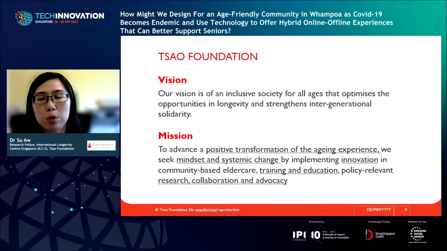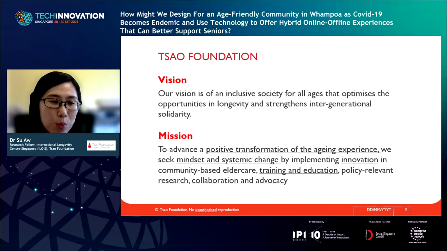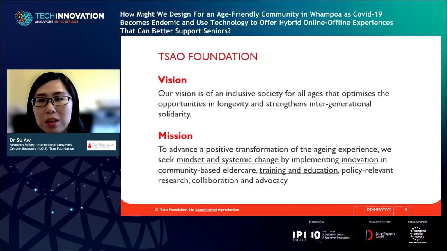Firstly, we try to implement innovative models of community care. We were one of the first non-profits that pioneered home care for seniors, as well as this idea of aging in the community. We also do a lot of public education and training of caregivers as well as care professionals in dementia-related knowledge, caregiving, and counseling.